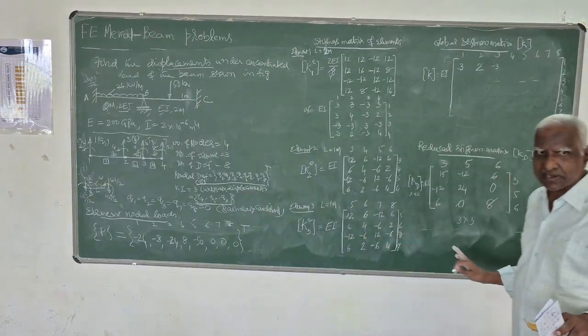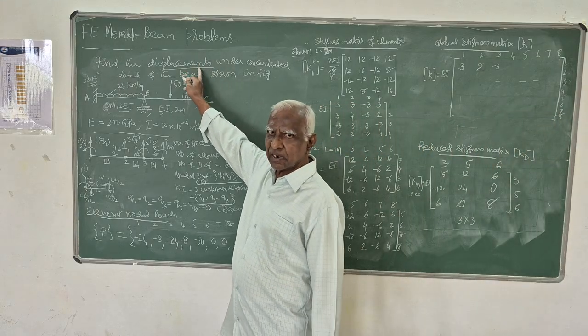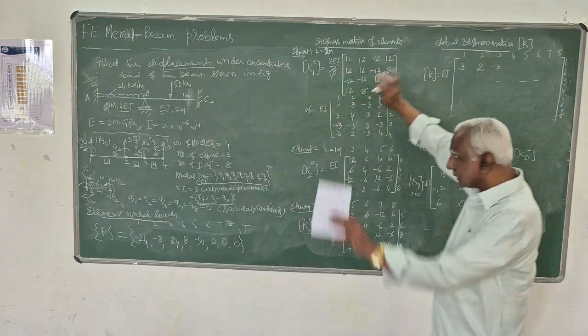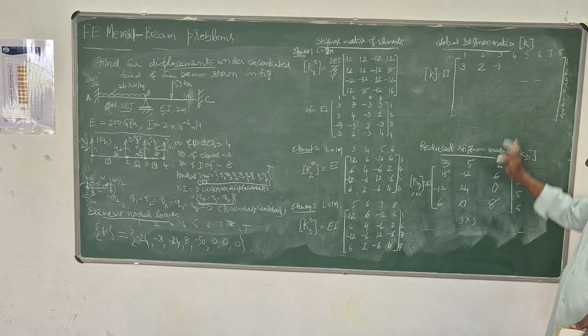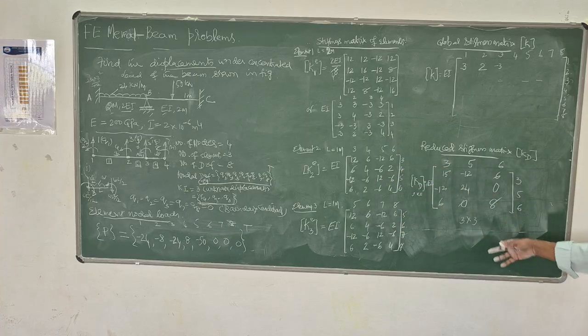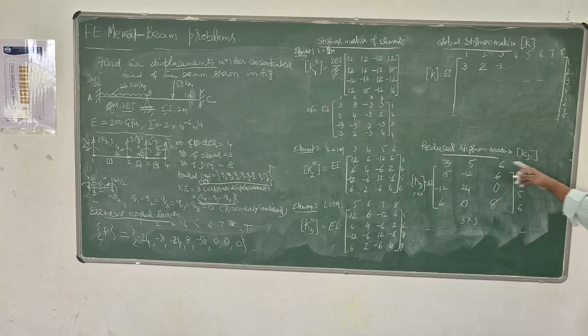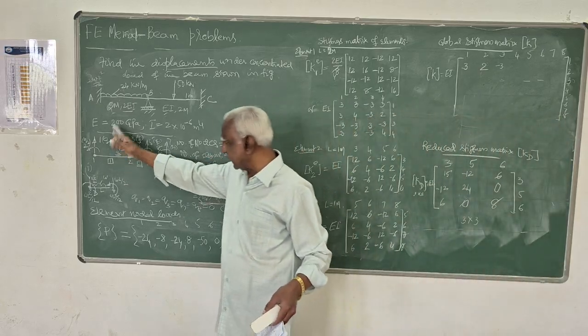This is an important step whenever you have to determine the displacements. So if you are asked only to generate the global stiffness matrix, you can stop here. Otherwise, to find the displacement, go further. Take the reduced displacement matrix corresponding to that, leaving all the constraints.